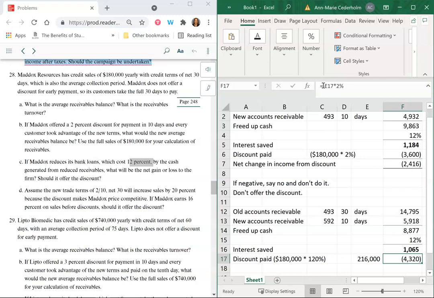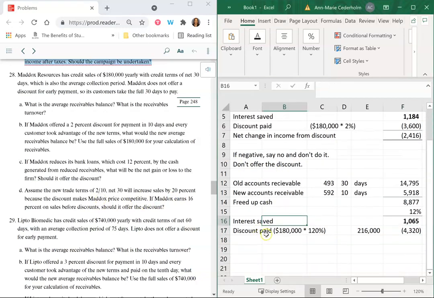But the one thing that we forgot to include in our analysis is that my sales are going to increase by 20%. And if my sales increase by 20%, I can earn a 16% return on those extra sales. So I'll just say new sales profit.